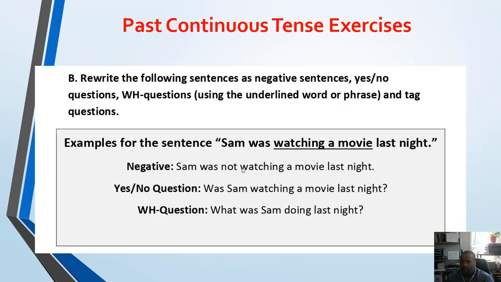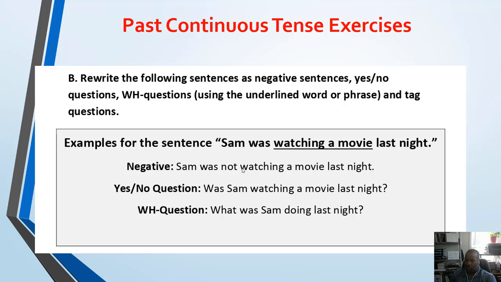And the thing here is we have to use the past continuous tense. So the example sentence is, Sam was watching a movie last night. The underlined word or phrase is watching a movie.